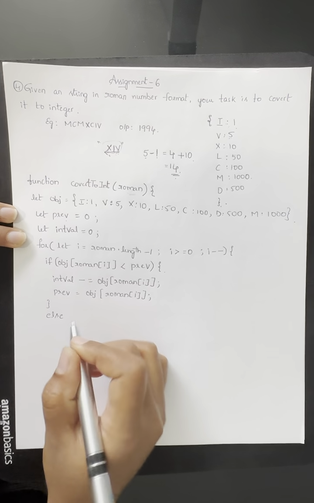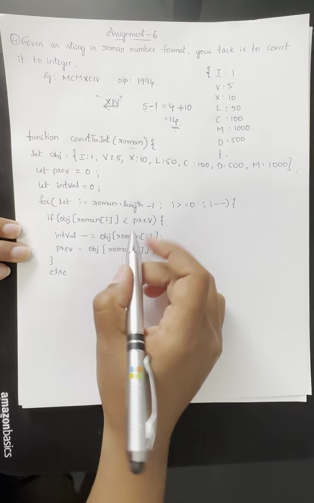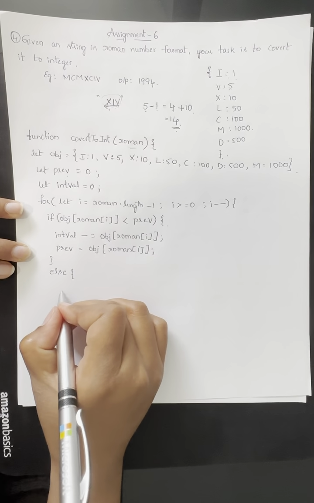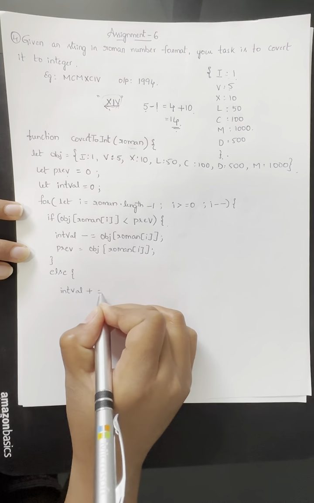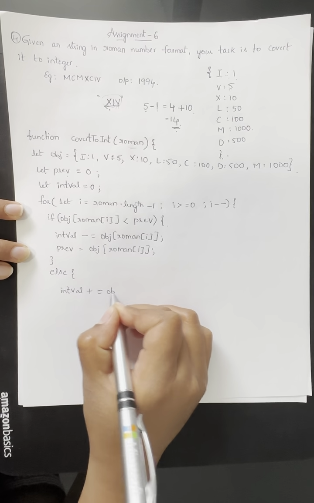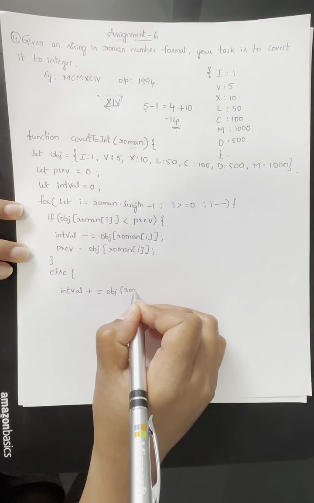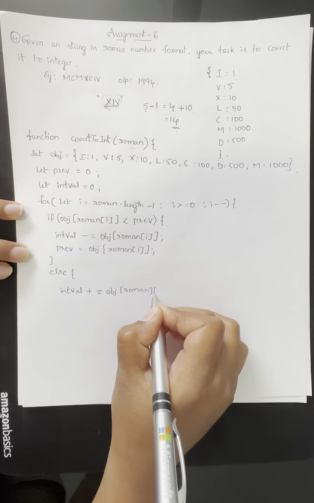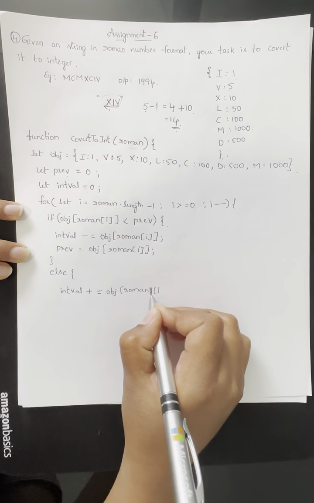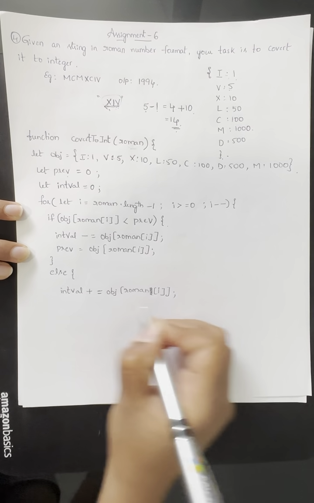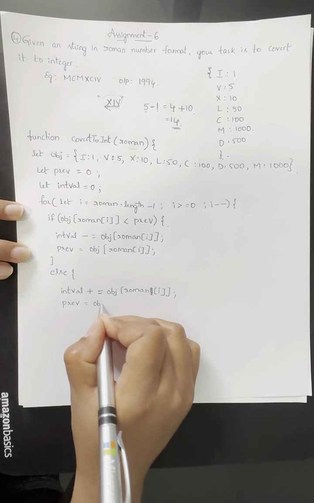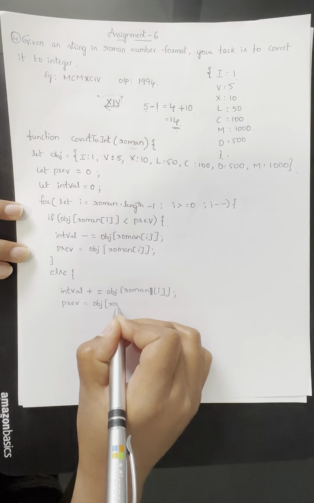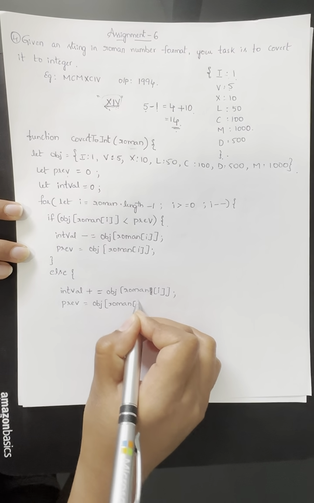Else, if it is not less than the previous value, we just need to add the object of roman of i to the intValue, and here also we need to update the previous to the object of roman of i.